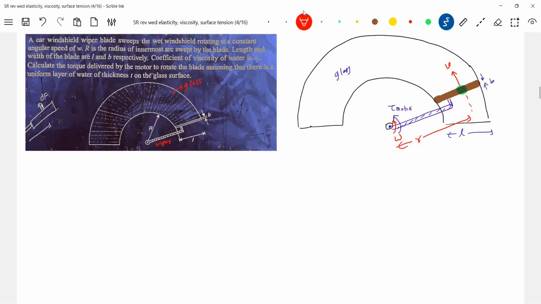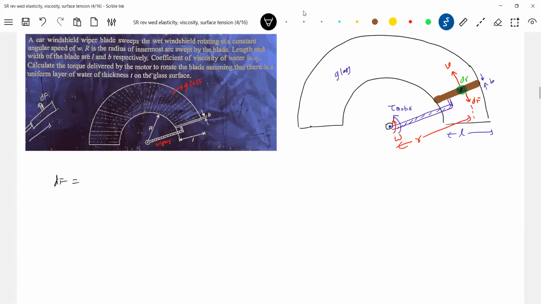How will the viscous drag be acting on this small element? dF. Let's calculate this dF. The length of this element, let it be dr. So what is dF equal to?